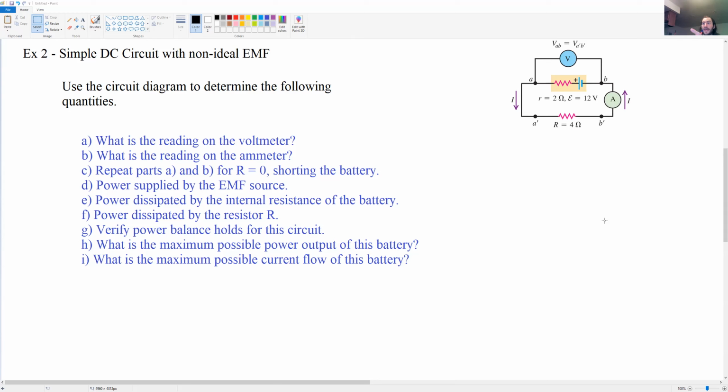Or maybe VAB from the previous answer. Let's do the following now. So, let's assume that we can apply Ohm's law here. And V is definitely 12 volts.